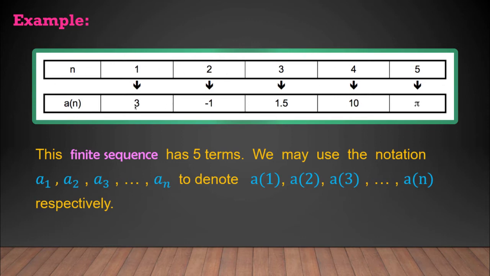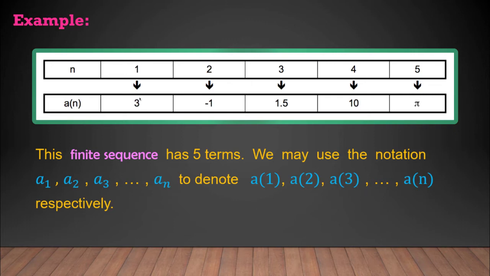Now we may use the notation a sub 1, a sub 2, a sub 3, and so on and so forth up to a sub n to denote a of 1, a of 2, a of 3, and so on and so forth up to a of n respectively.